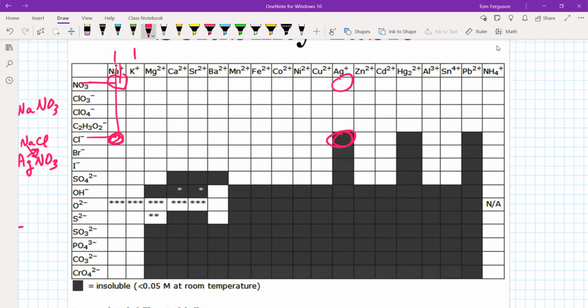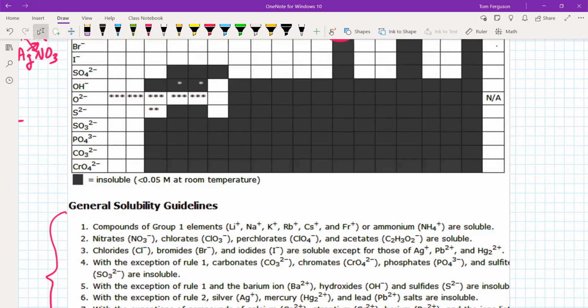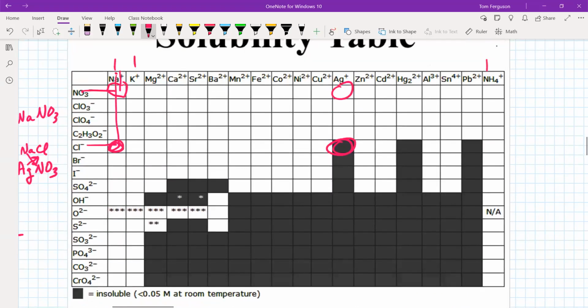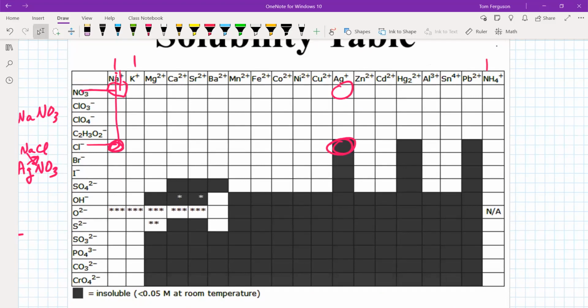And this is the other one it mentions down here, ammonium, NH4. They're all white. All the way down, they're white. That means they don't hook up with anything. It doesn't form a solid with anything, no exceptions.